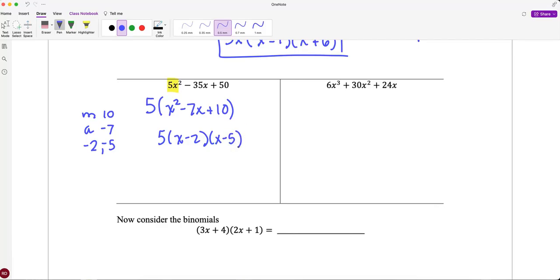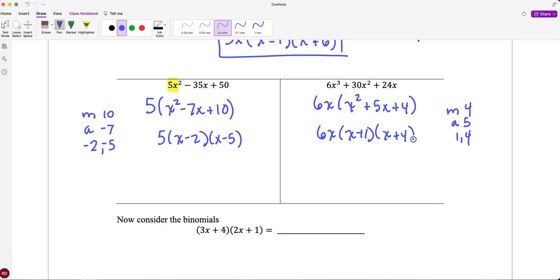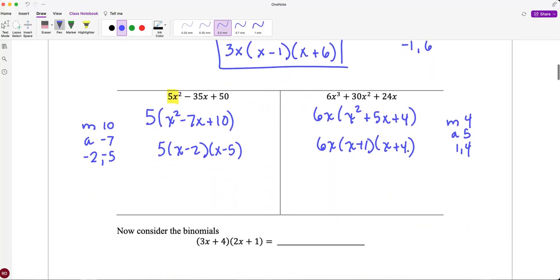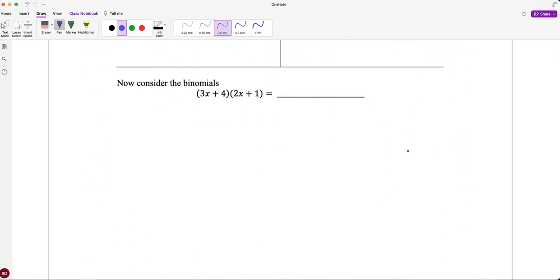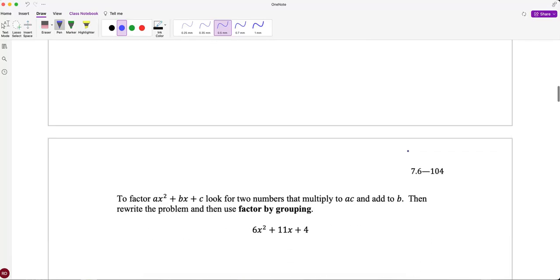Greatest common factor here is 6x, and that leaves me with x squared plus 5x plus 4. Numbers that multiply to 4 and add to 5 are what, 1 and 4. So this factorization is 6x, x plus 1, x plus 4. So again, without the instructions, you should always, always, always see if there's a greatest common factor, okay?